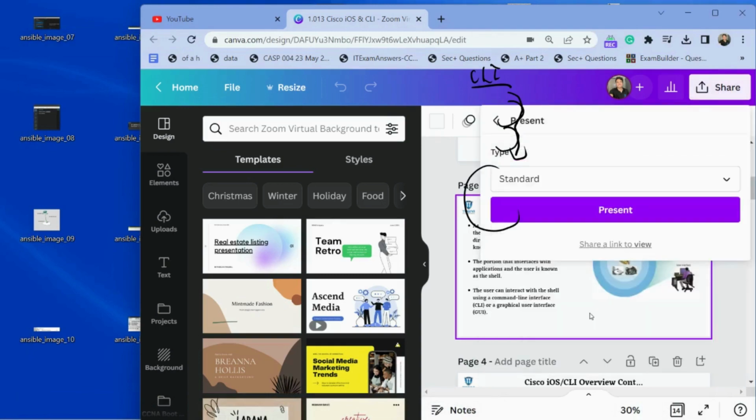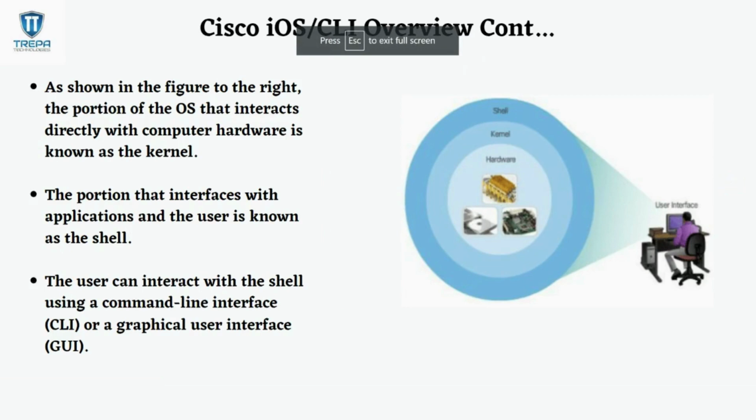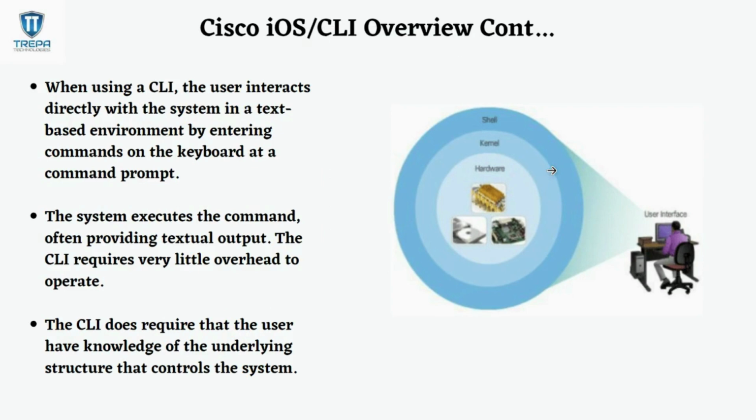So the way we interact in traditional networking with Cisco iOS, the Cisco operating system, is in the shell or the CLI. When you're using the CLI, you're going to execute commands that either provide textual output or configure the system.